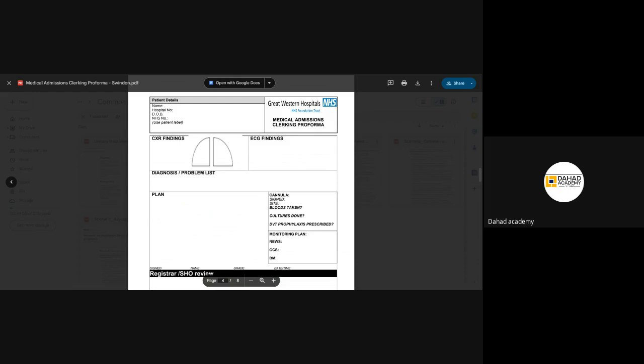Before we head to the plan, we will need to read about the sepsis 6 protocol. I think last time we did speak about the sepsis 6 protocol, but again I will go through it.